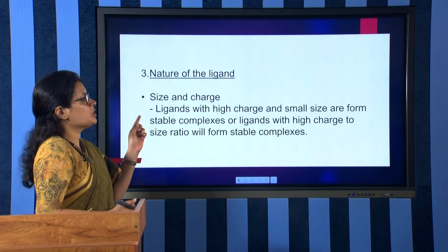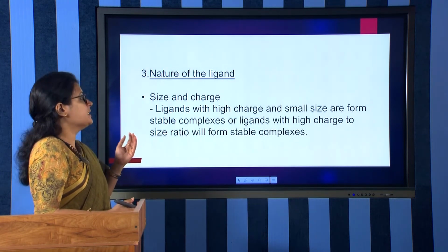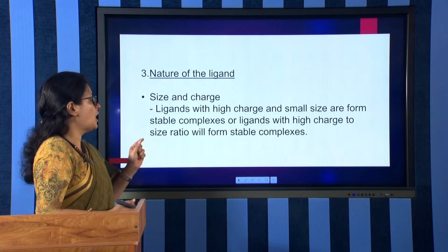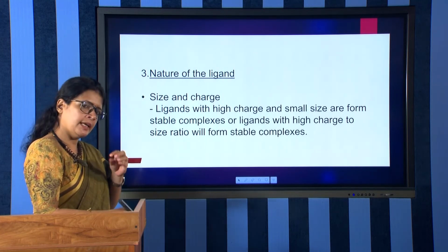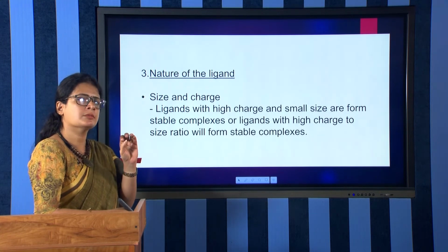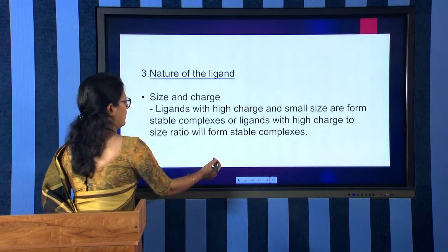Ligands with high charge and small size form stable complexes, or ligands with high charge to size ratio will form stable complexes, which means the ligands should have high charge and small size, as in the case of the central metal atom also.